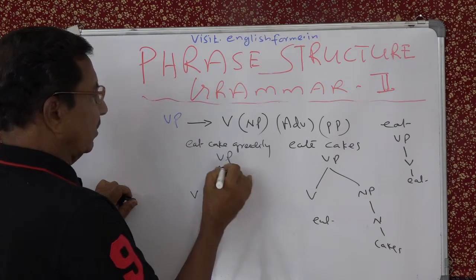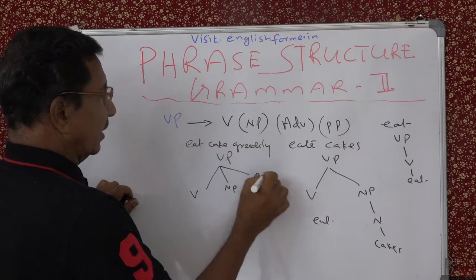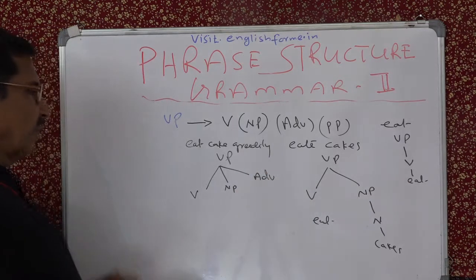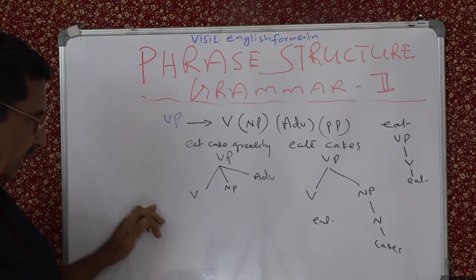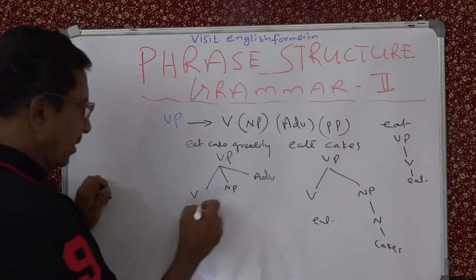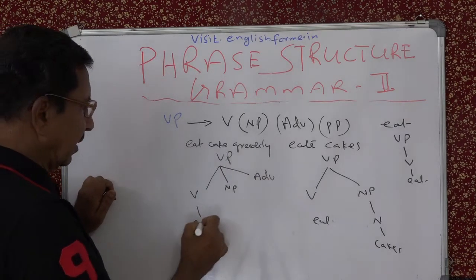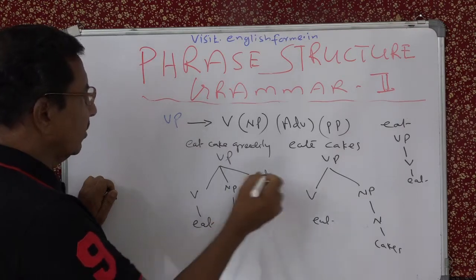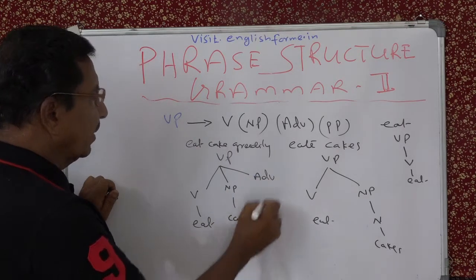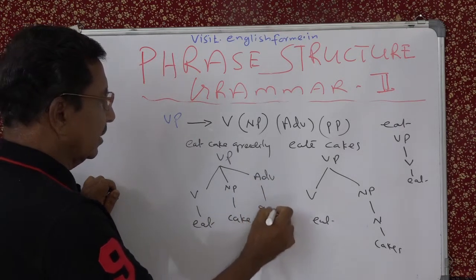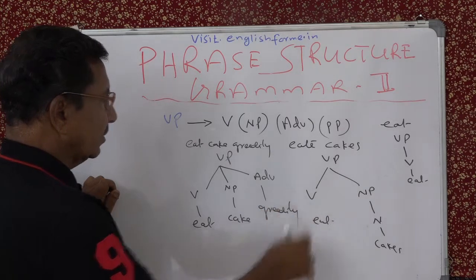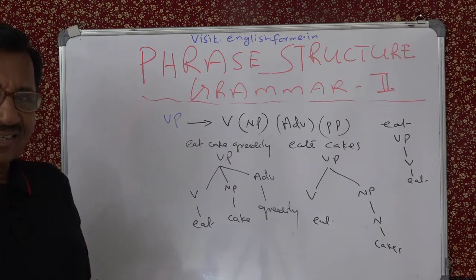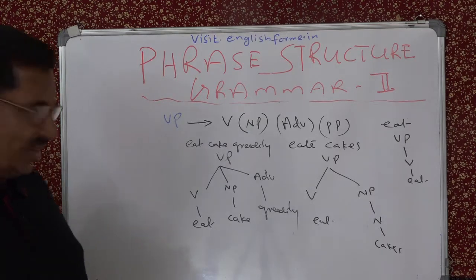You can call it NP and then ADV. ADV means adverb. So here the verb is "eat," NP is only one word, and so it is "cake." Here the adverb is "greedily." See that? Understand? So it's very easy now to understand.